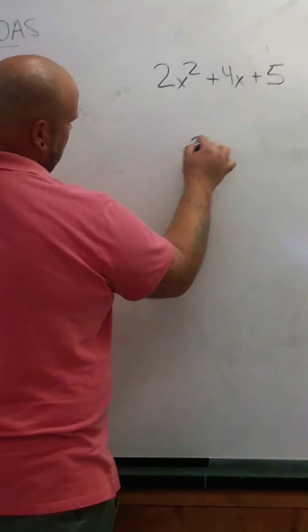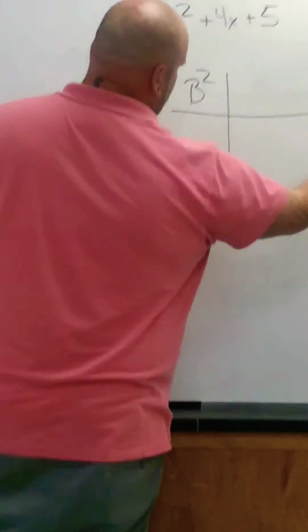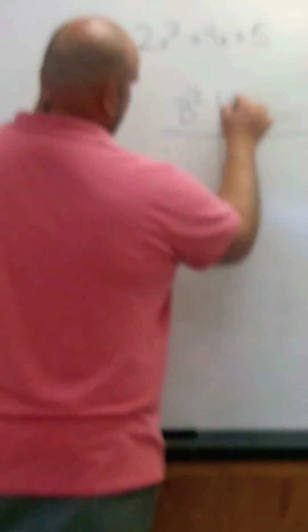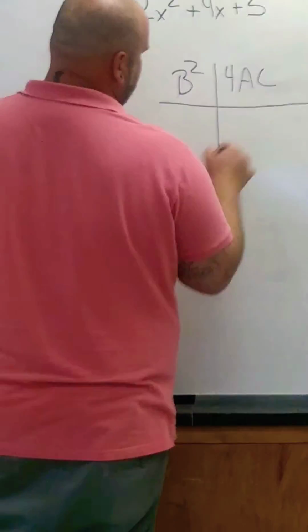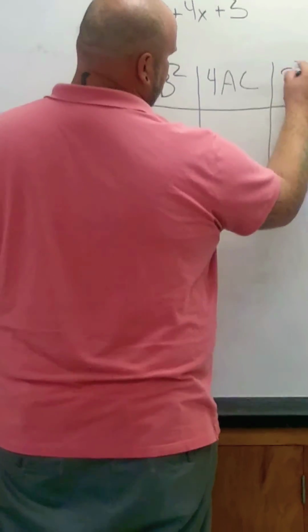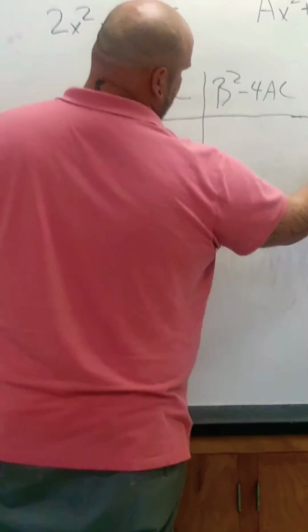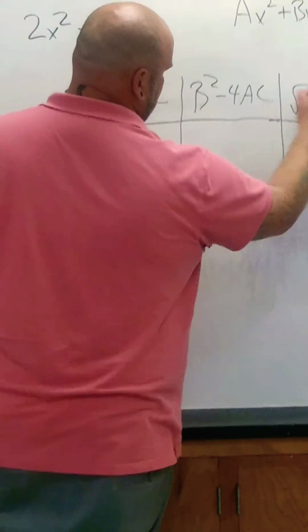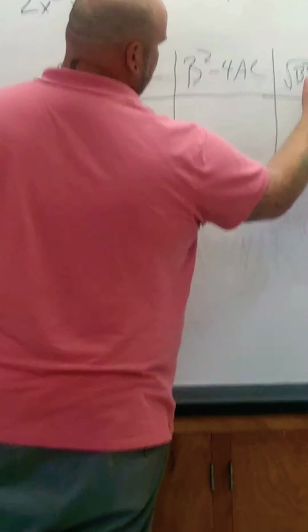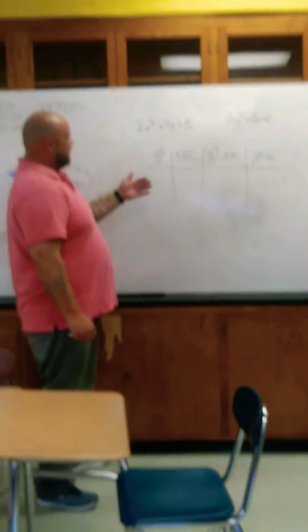So I wrote b squared, put that in a column. And I wrote 4ac. And then I wrote b squared minus 4ac. And then finally the square root of that. So I just broke down the way that I was hoping they would go through it.